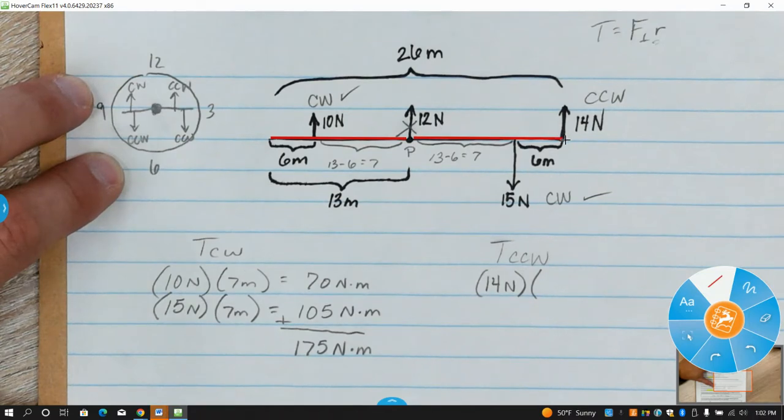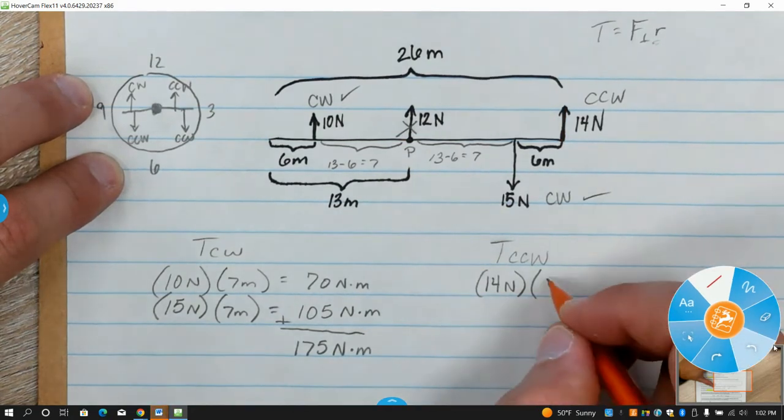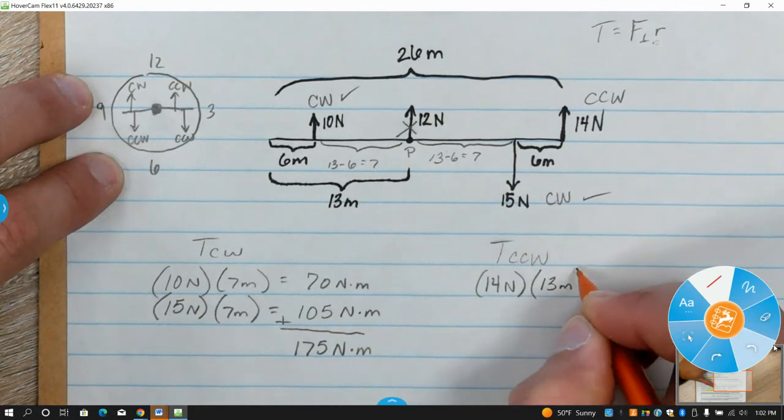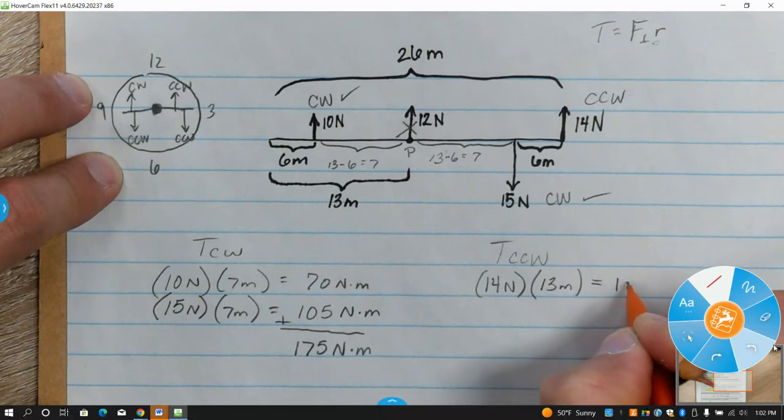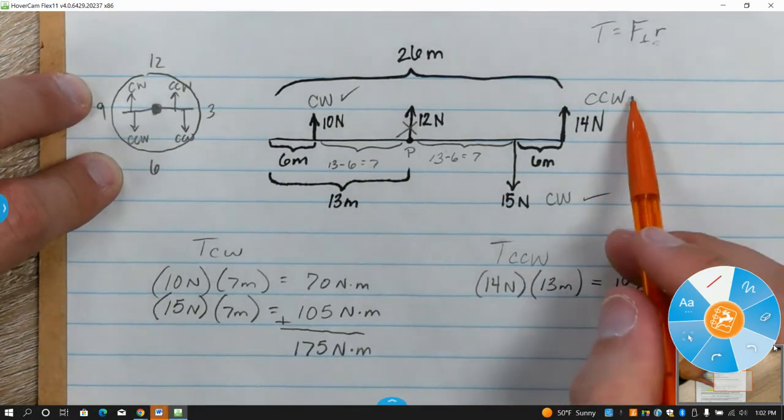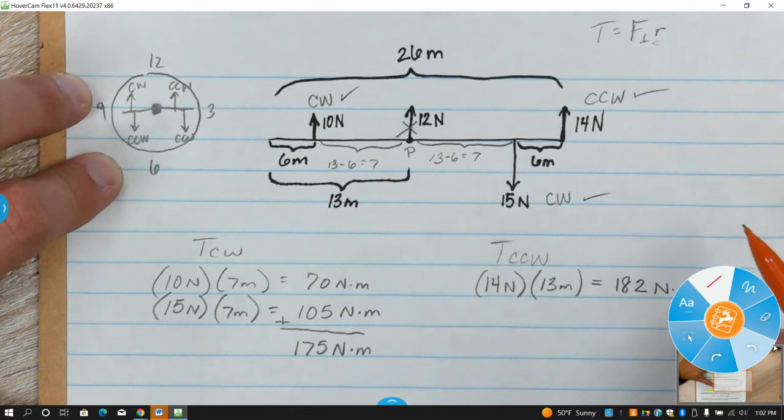And since 14 is all the way at the very end, that is why it has a distance there of 13. So 14 times 13 is 182 Newton meters. Are there any other forces going on? No, so we're good.